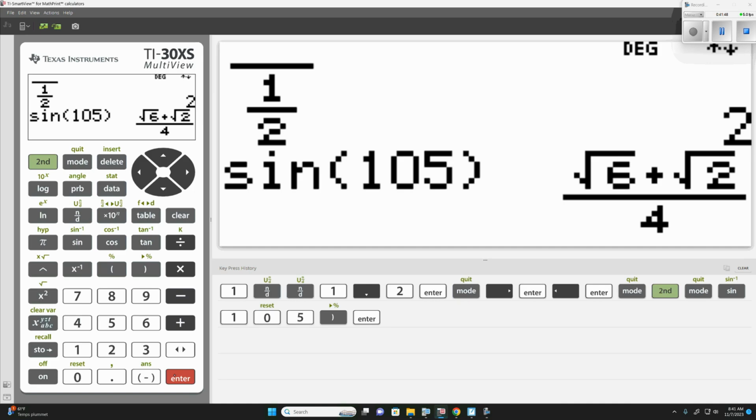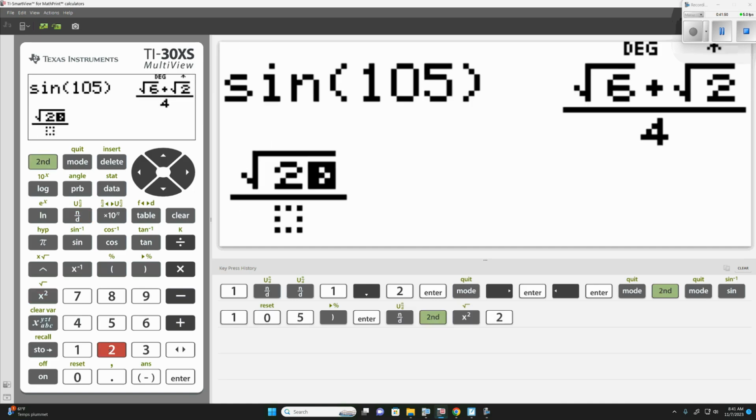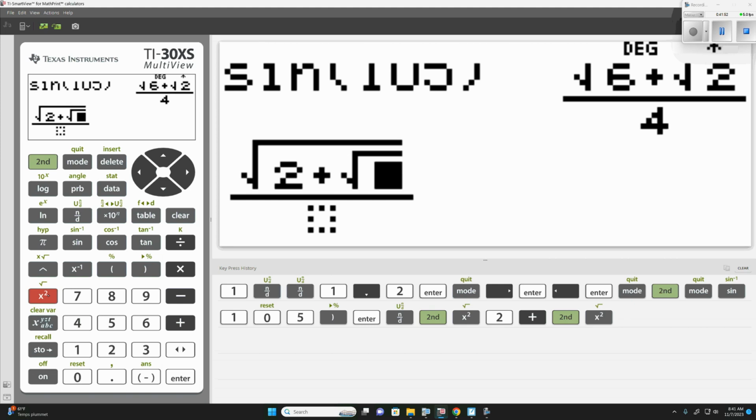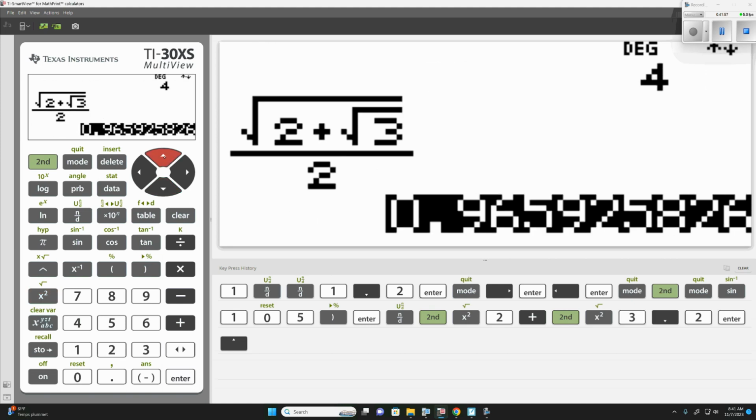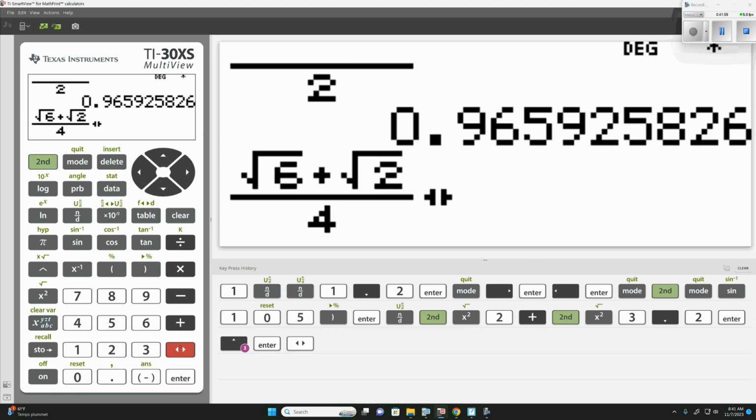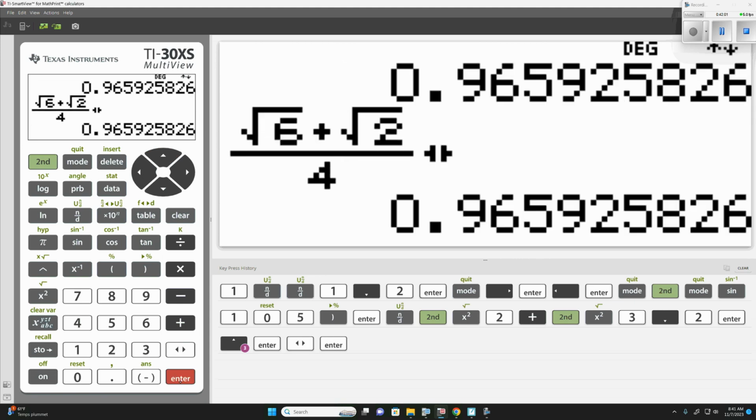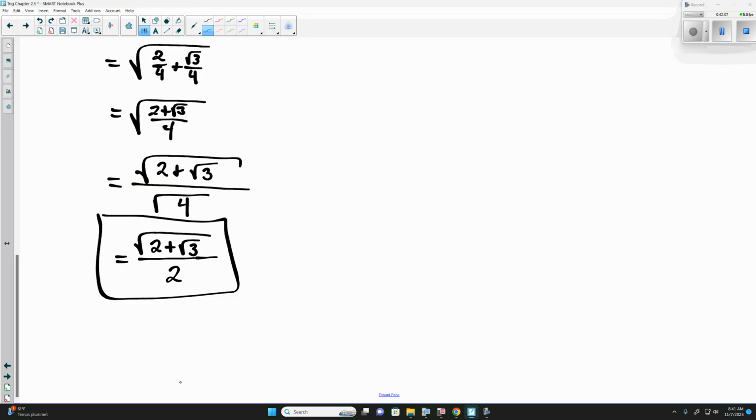Interestingly enough, second square root of 2 plus second square root 3 over 2 is this here. And if we approximate this, it's the exact same thing. They are the same value. It's something to deal with our squares or factoring to get that radical out. But for the most part, it's not something that's hugely important. So they are the same.